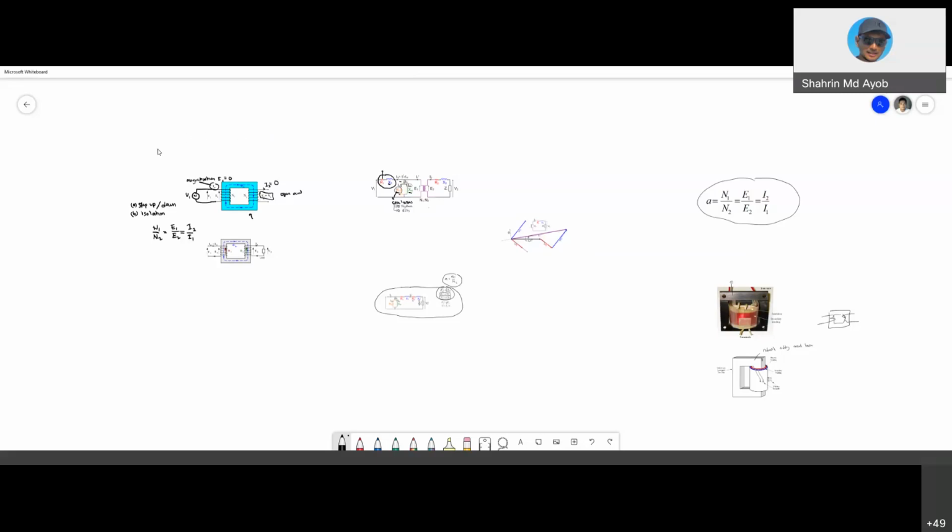Alan Hambley is quite extensive in terms of transformer analysis, and some of it is not covered inside our syllabus. So it's quite difficult to have a fully matching reference textbook.